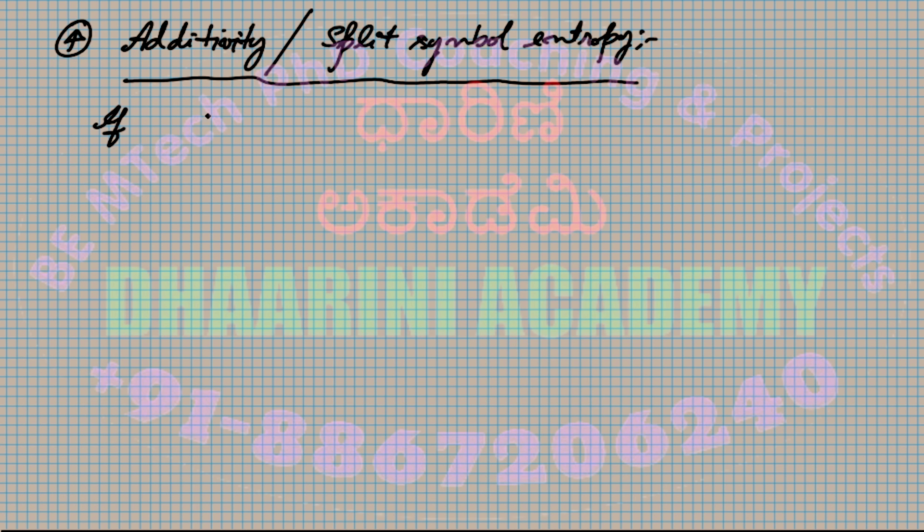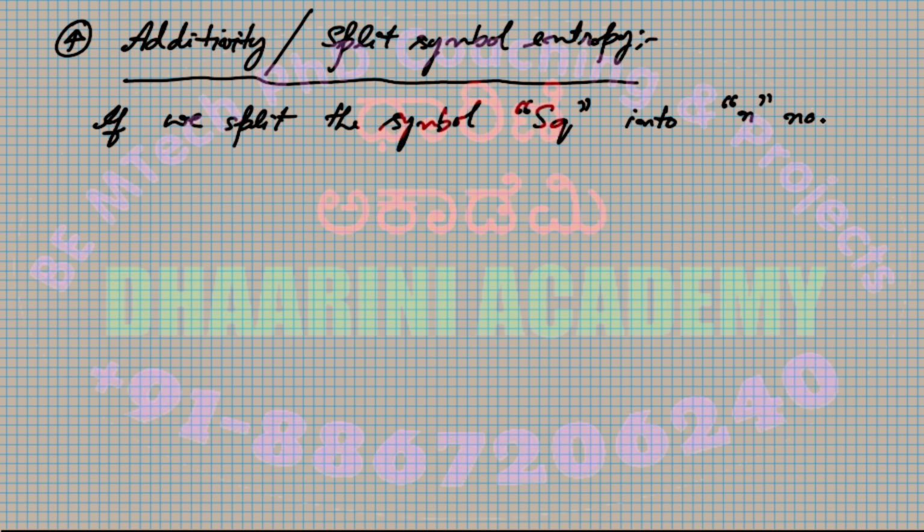If we split the symbol, right? Let's say the symbol is SQ. There is a particular symbol SQ, and it is divided into, let's say small letter n number of sub symbols.